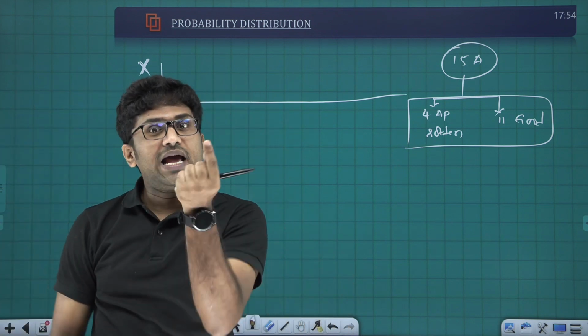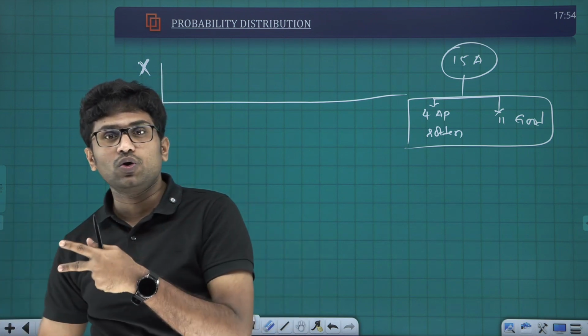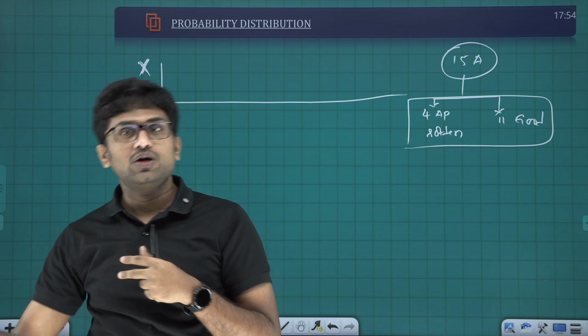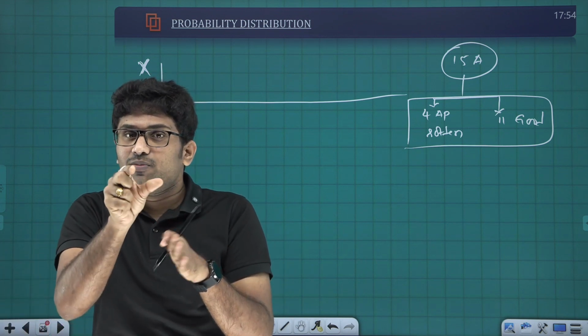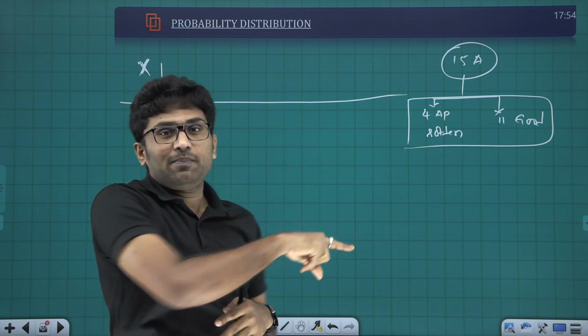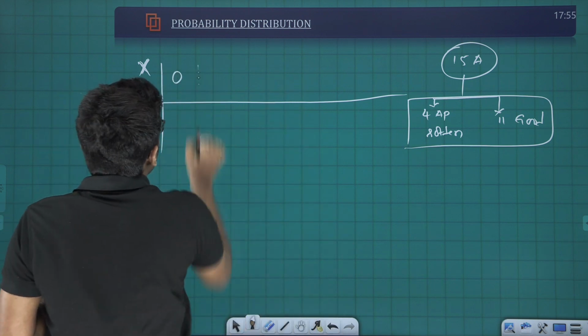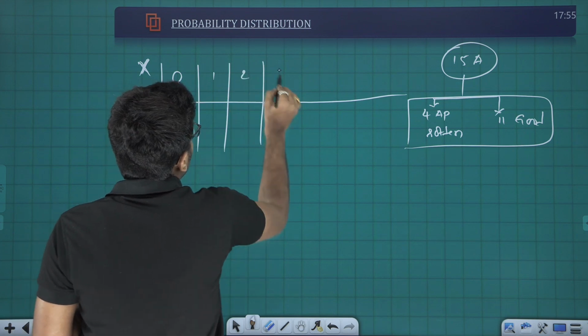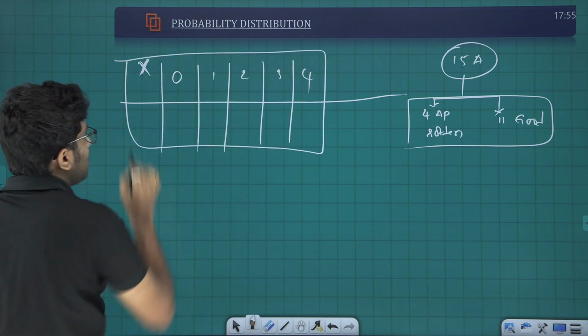Case 2, 1 apple rotten, remaining 3 good. 2 apples rotten, 2 good. 3 rotten, 1 good. All 4 rotten. So if x denotes the number of rotten apples, then x takes all the possible values: 0, 1, 2, 3, 4. These are the values taken by our random variable x.